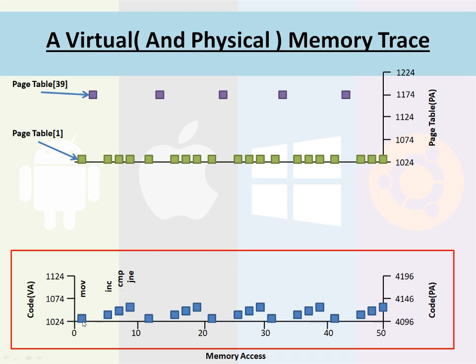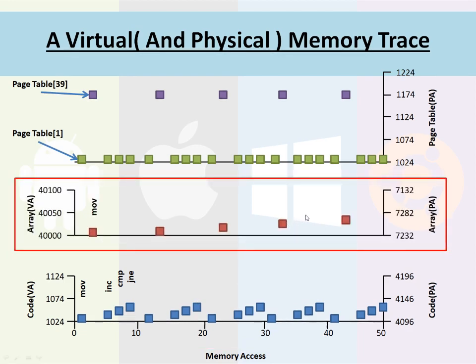So here we can see it's just above 1024. Now it's kind of hard with the squares, I get it, but it's just above 1024. And let us just assume that the virtual page maps to the physical frame 4. So VPN 1 is mapped to page frame number 4. A lot of these setups aren't very important, but the end conclusion that I'm going to make is what you guys really need to understand.